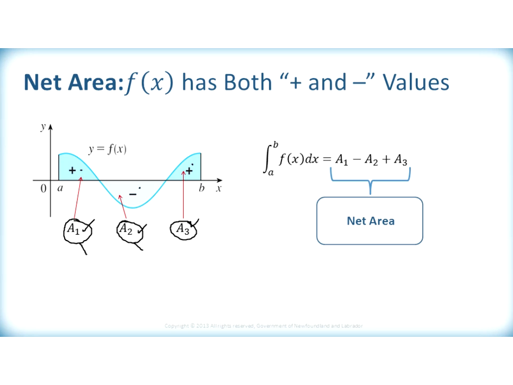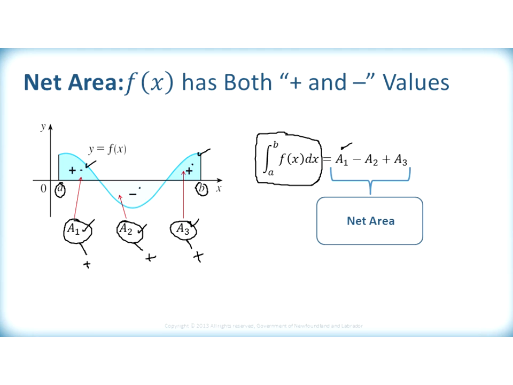Now all 3 of these are going to be positive numbers because they're areas. But the value of the definite integral from a all the way up to b, so from here all the way to there, is not going to count them all as positive. It's going to count the stuff above the x-axis as positives as their signed areas.